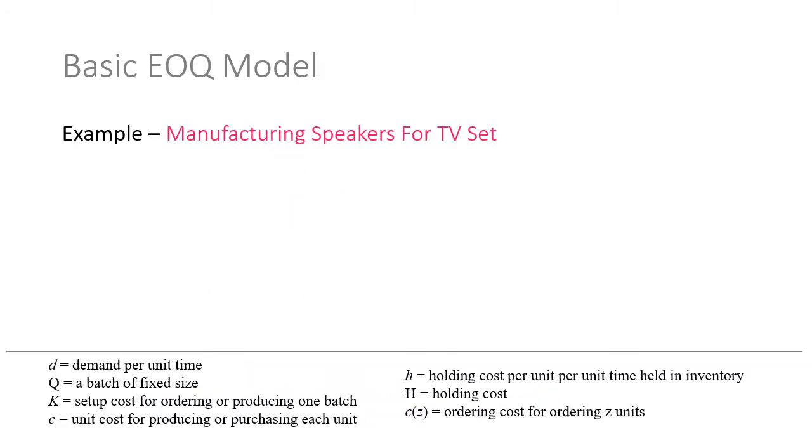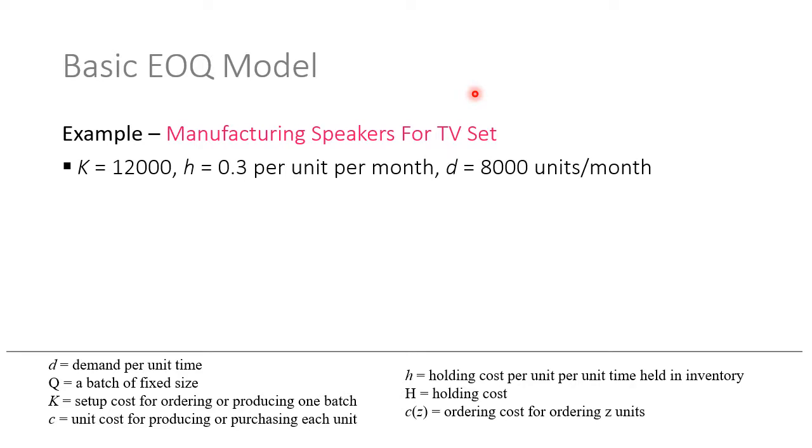Now let us solve an example based upon the EOQ model, and this is the same example, example 1, that we saw: manufacturing speakers for TV sets. In this example there is a manufacturer of TV sets who also manufactures the speakers required for the TV sets, and this is the required data to solve the problem.